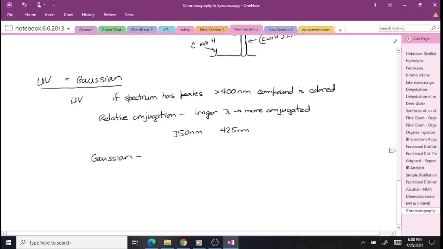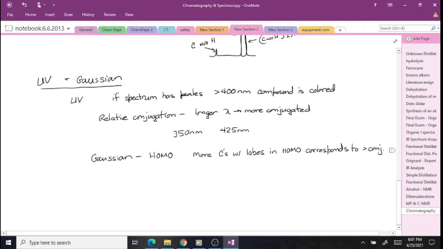For the Gaussian images, we were looking at the highest occupied molecular orbital, which we abbreviate as the HOMO. Basically, the more carbons that had lobes in the HOMO, that represented more conjugation. So more carbons with lobes in the HOMO is greater conjugation.